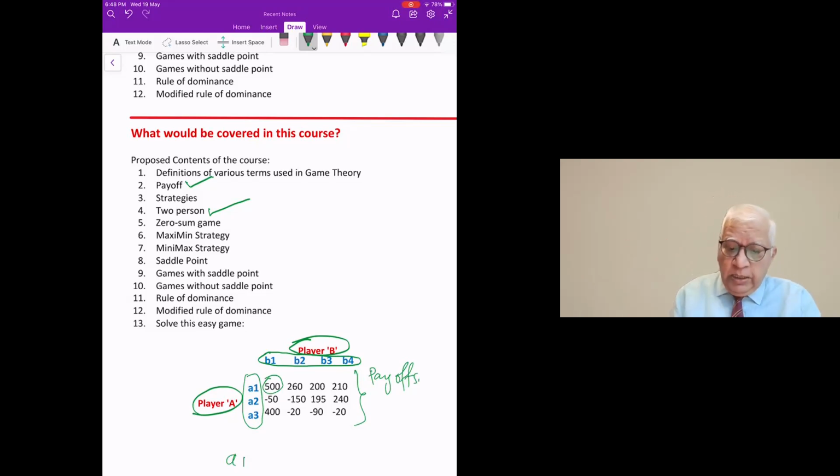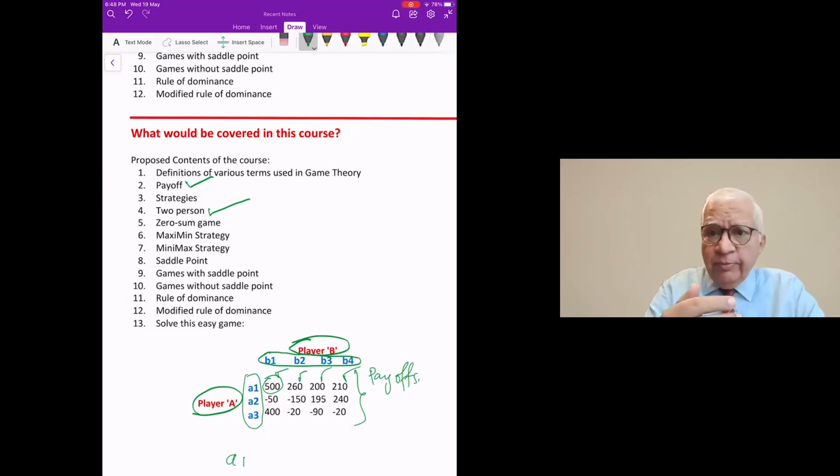Similarly, strategy A1 brings A gains of 500, 260, 200, 210. Now, there are various assumptions made in game theory. One assumption is that it's a two-person game, as I have already explained.